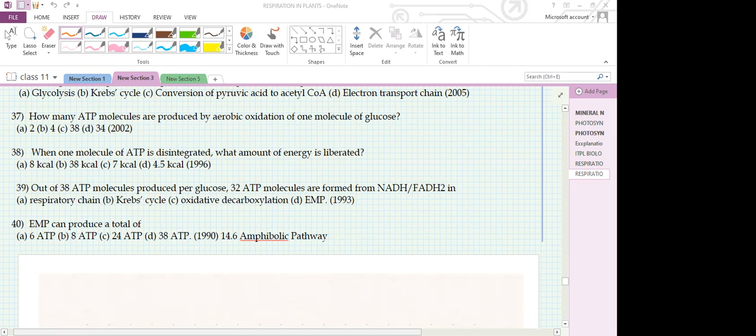Why do we call it EMP? Emden-Meyerhof Parnas pathway, I told you this. So EMP can produce a lot of ATP. So here the appropriate answer is 38 ATP. Okay, so that's all.